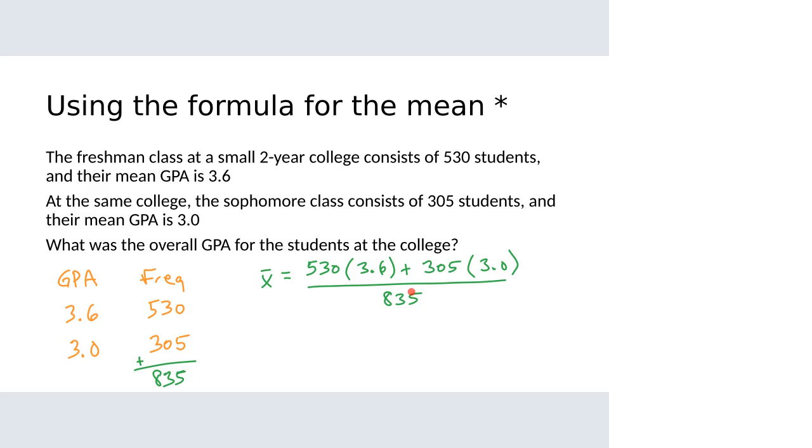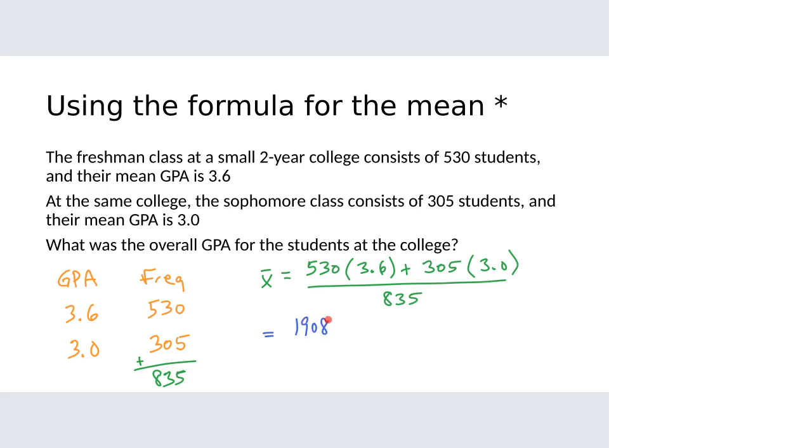Be a little bit careful there. Remember how frequency table works. We don't want to divide by 2, treating it like we have 2 data points, because really we have 835 data points. All right, working through this then, our mean will be 530 times 3.6, 1,908.